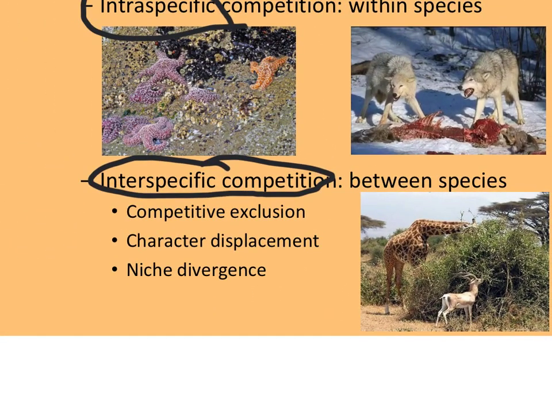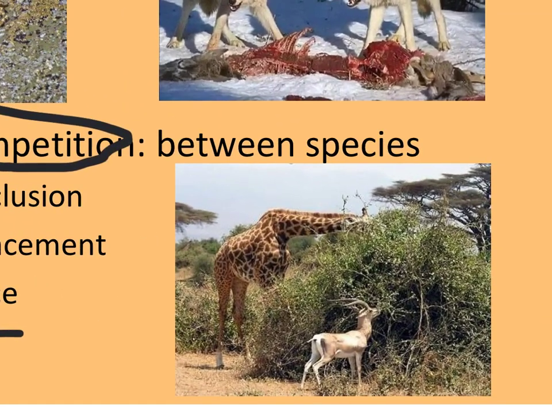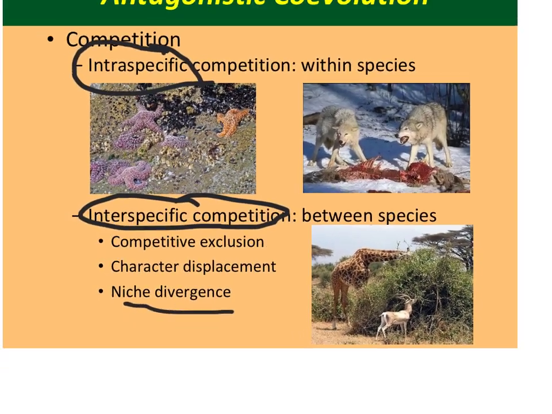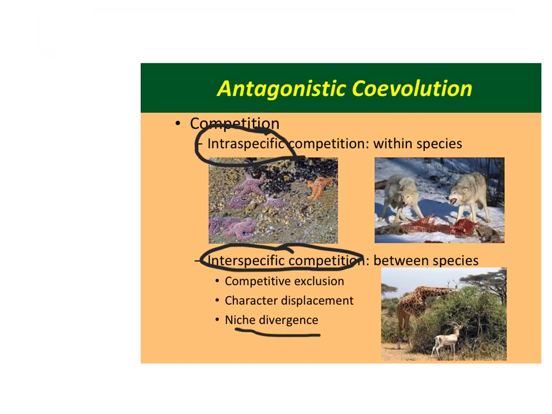So when that happens, they get something called niche divergence, where they start eating different parts of their diet. So the giraffes eat the leaves only in certain tall trees, like in the background, or the very tallest here, whereas this gazelle is eating from some other part of the plant or a different plant. And that's when you get what's called character displacement.